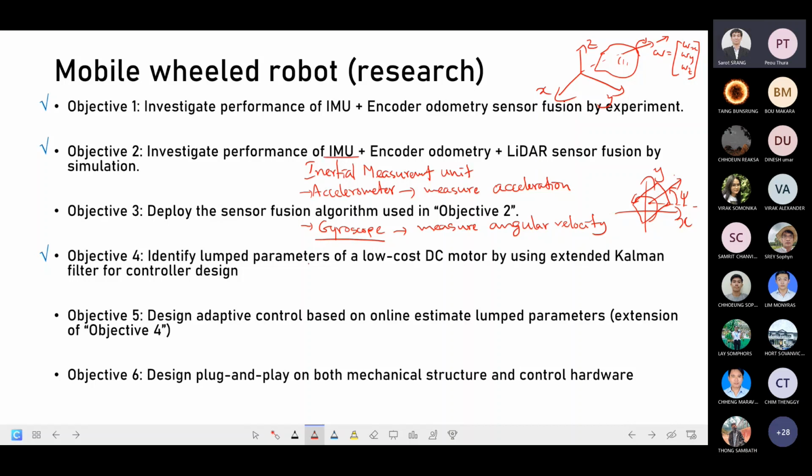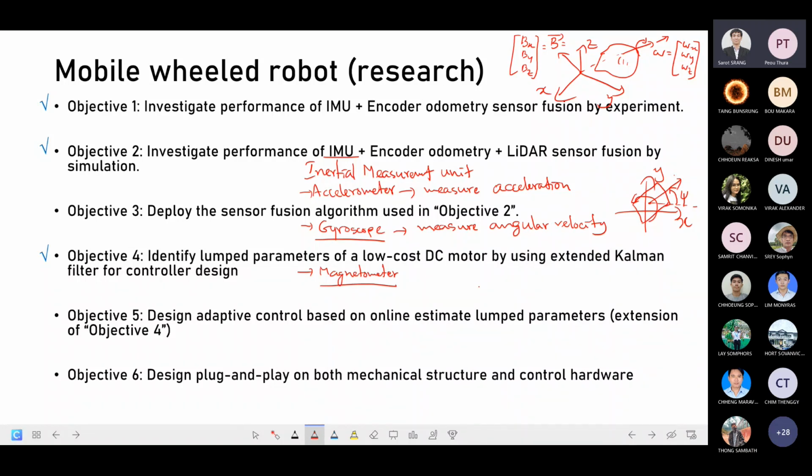And some IMUs also have a magnetometer that measures the direction of the magnetic field. If it is used in space, it can also measure the direction of magnetic field B that has 3 components as well. So the magnetometer is important to measure the absolute angle of a robot with respect to the north axis.